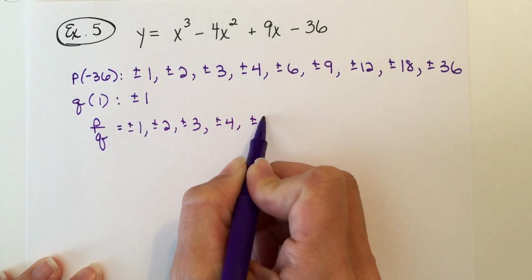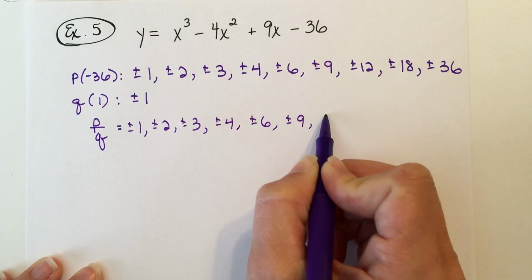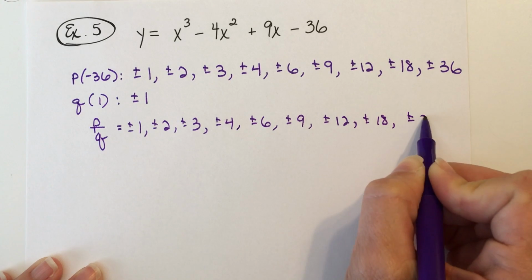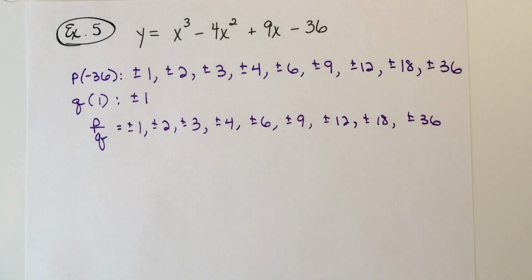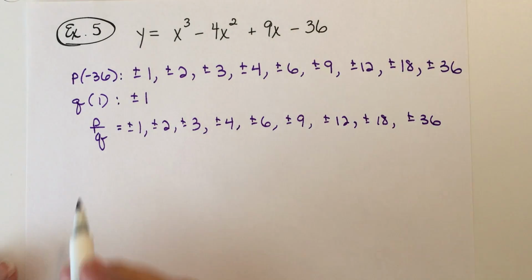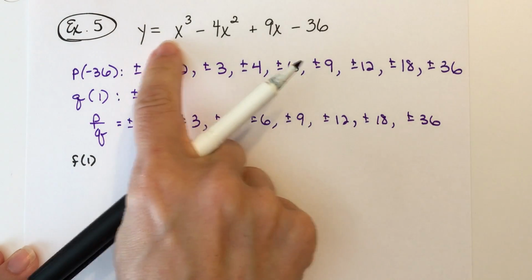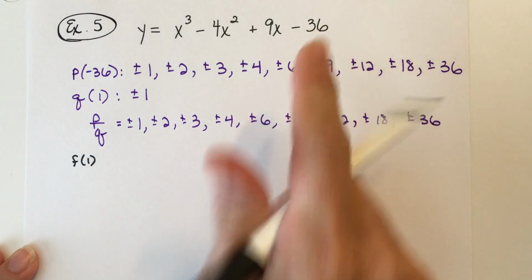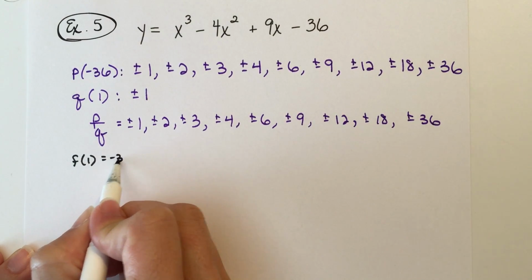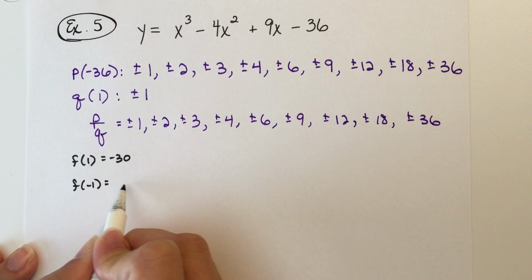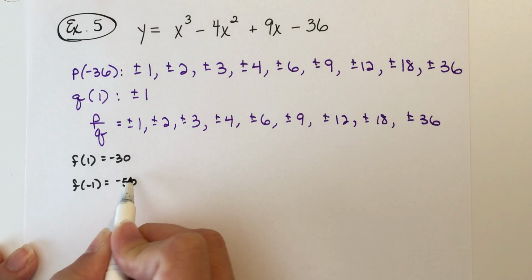Of course, what you got to do is find something in this list that's going to cause your polynomial to equal 0. So you would probably start with positive 1. If you try positive 1, you plug it into your polynomial, you're actually going to get negative 30. So we know that's not it. Then if you were to try negative 1, you're going to get negative 50.